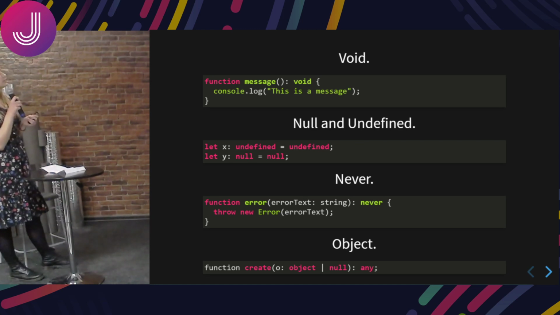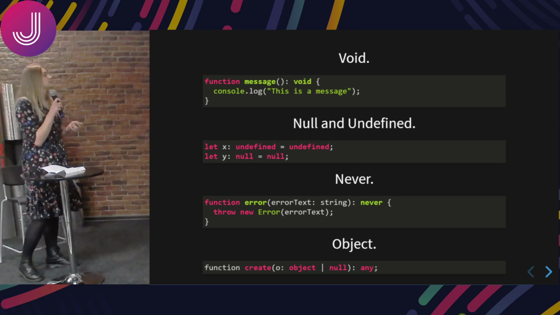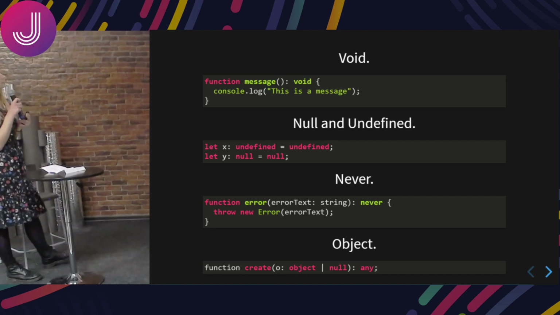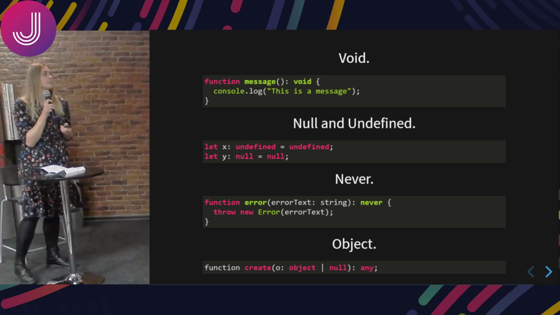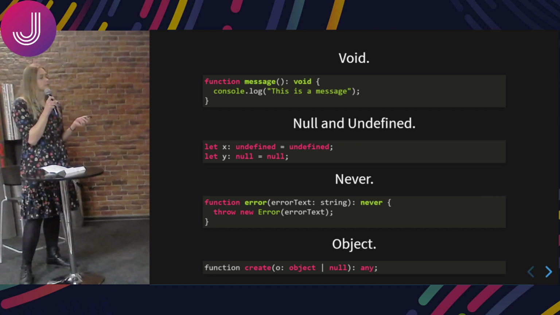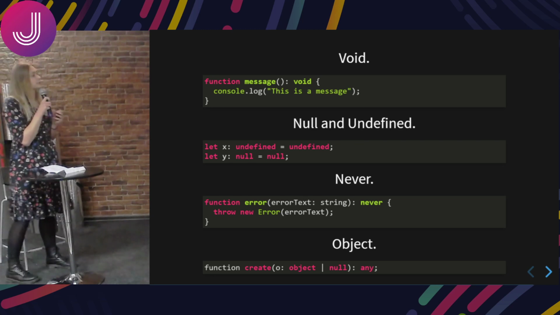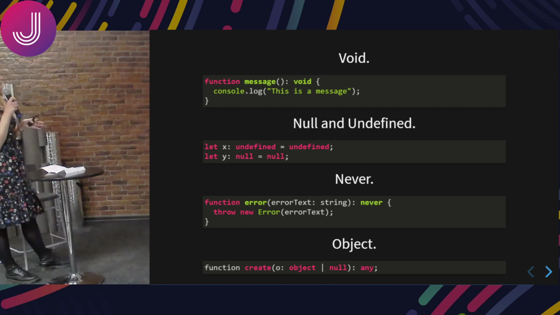Next are undefined and null, and they have their own types, null and undefined accordingly, but they're not very useful on their own. And next is never. The never type is a type which can be used for values that never occur. For example, it can be a return type of a function which always throws an exception.